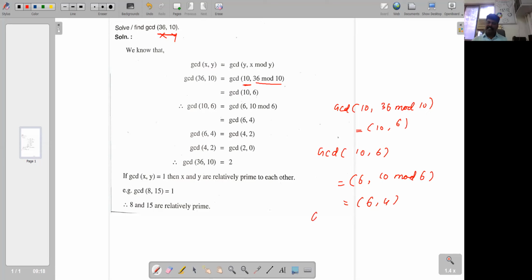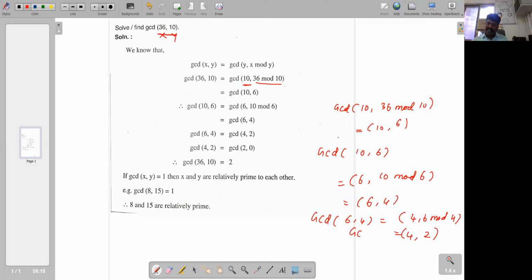If you find the GCD of 6, 4, again this can be written as 4, 6 mod 4, which is 4, 2.